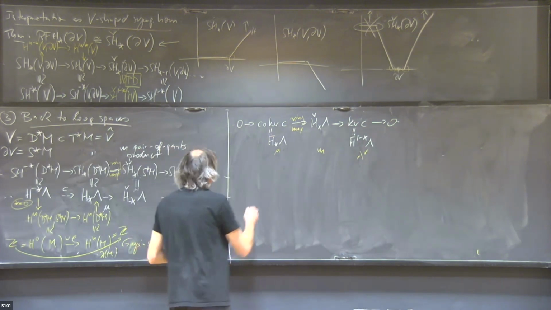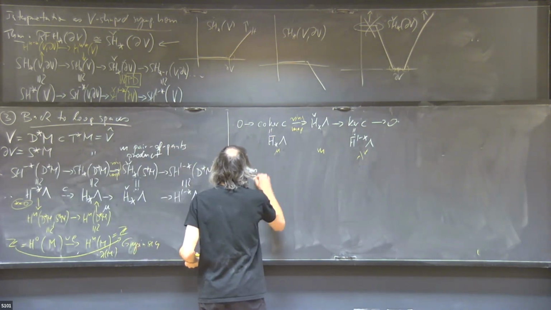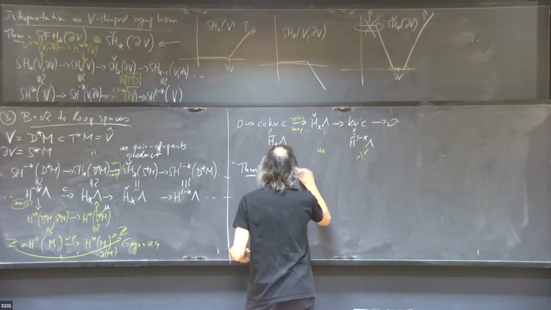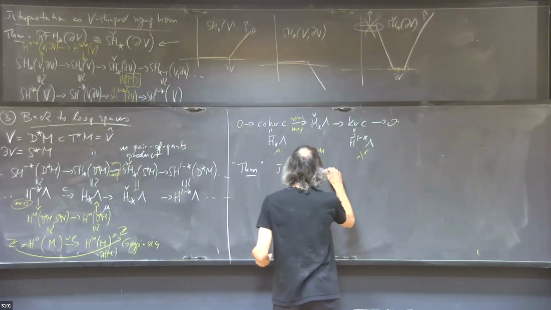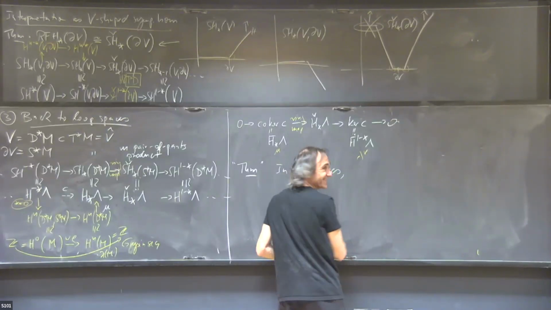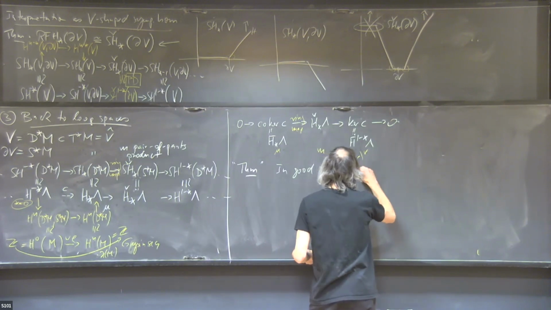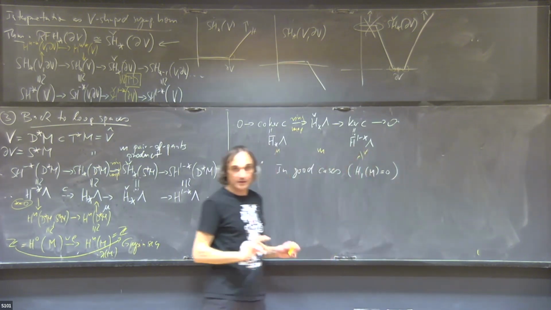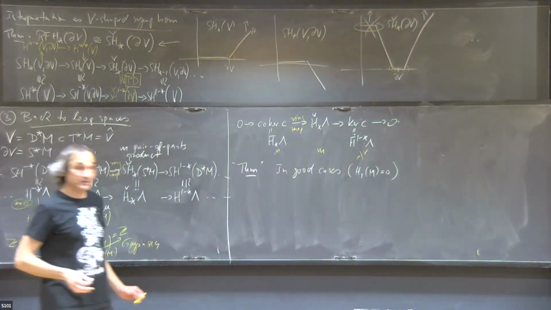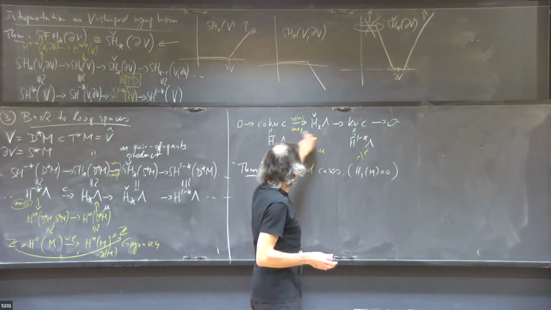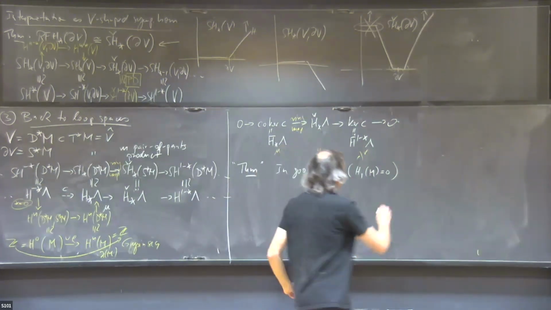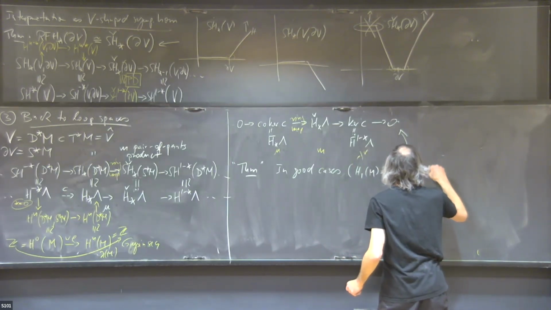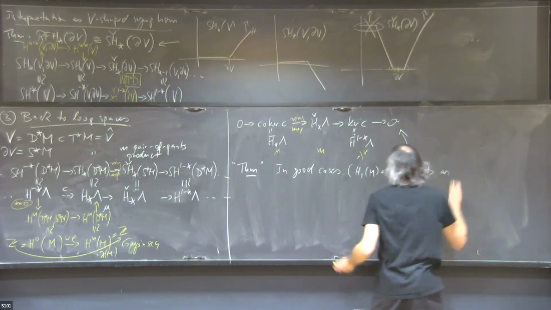So in good cases, it's not how a theory should start, right? It might be that it's enough to assume that H1 of M is equal to 0, but we need to check exactly under what conditions. But in good cases, this short exact sequence splits as a direct sum.